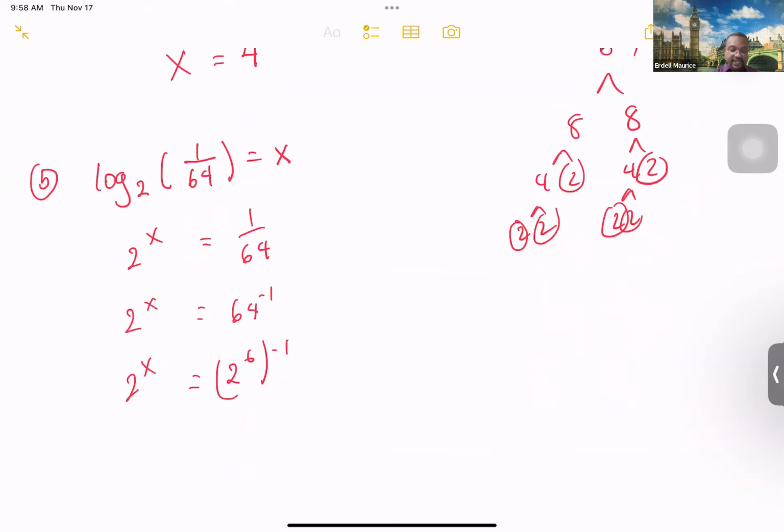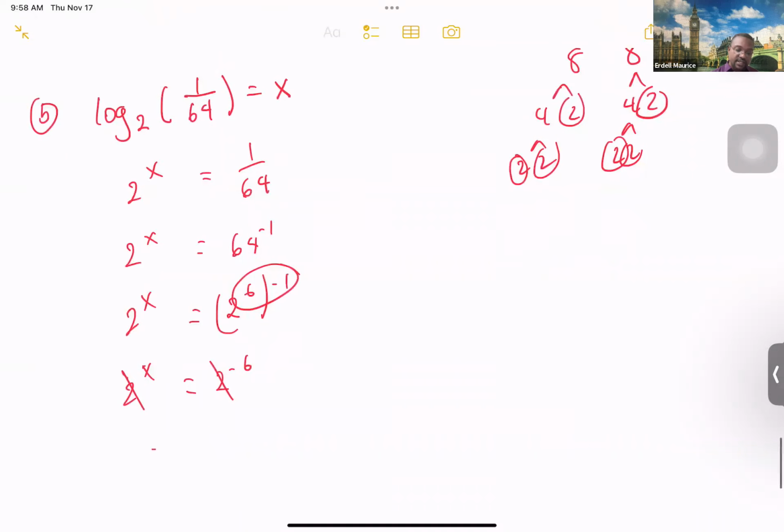Now, once I have that, I can simply write this as 2 to the x is equal to 2 to the negative 6. Again, you just need to multiply this together. And of course, then these will cancel. And so x is equal to negative 6. And that would be my solution to my problem. Questions there?